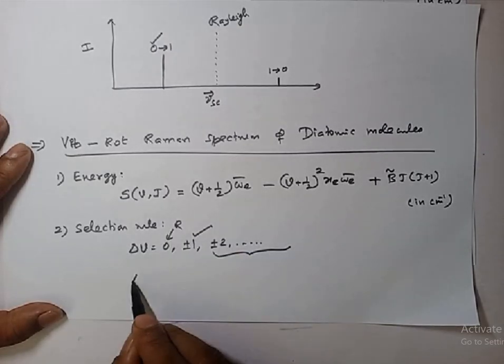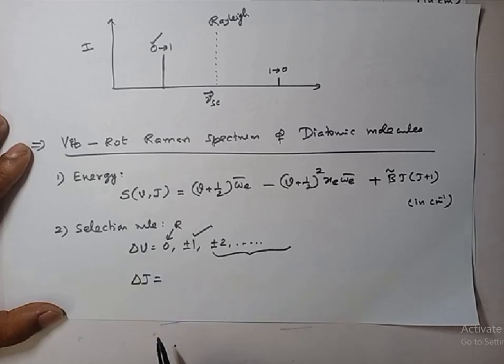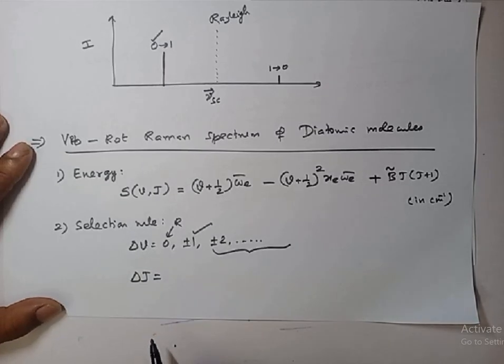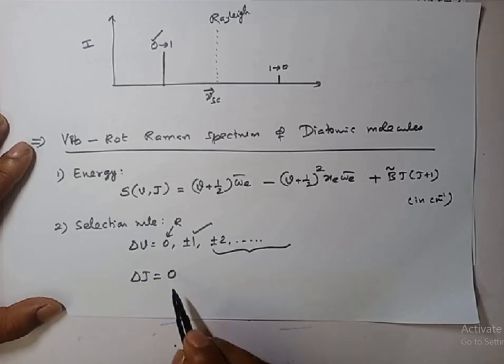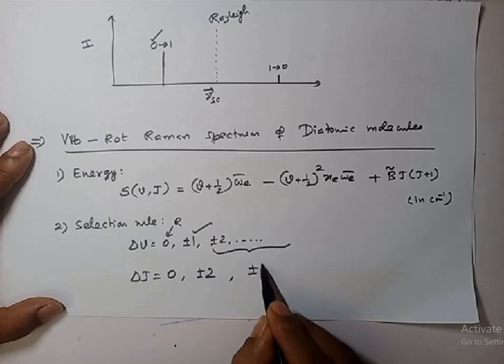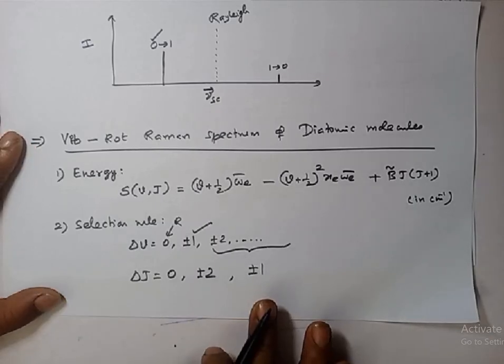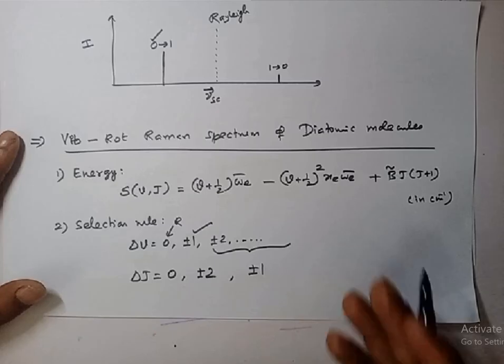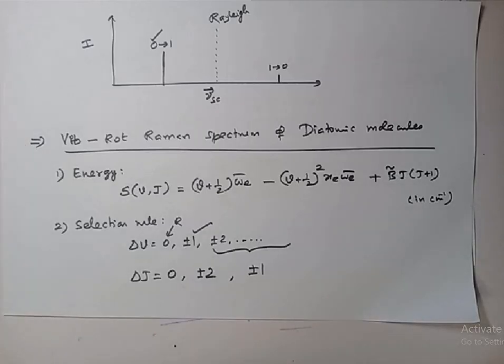Then what about ΔJ? ΔJ values can be 0, ±2. ΔJ = ±1 also appears if the electronic state is a non-singlet sigma state.